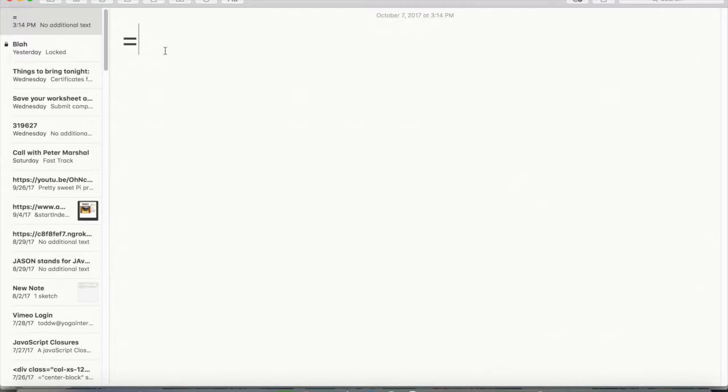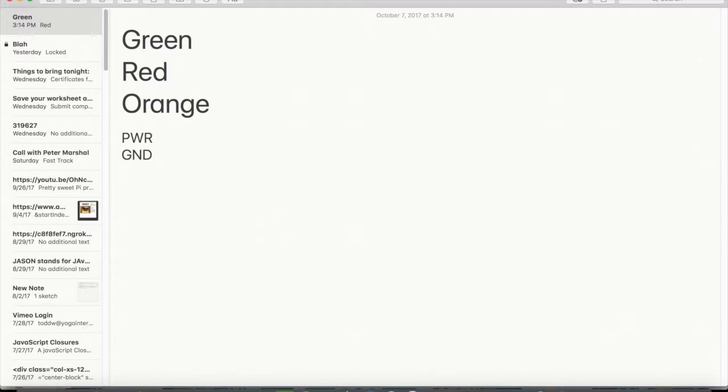And pretty much I use only these 3 colors. There are also 3 other things that we could apply to these potentially. The 3 things are power, or PWR, ground, or GND, and signal, which is SIG. So those 3 generally we apply to all 3 of these.